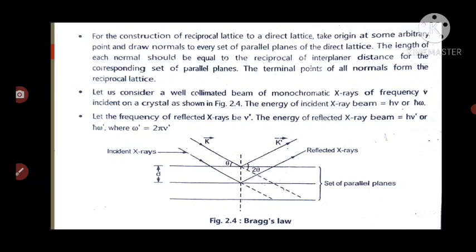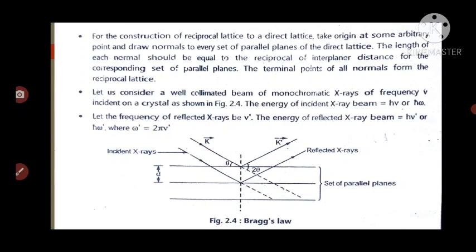In the figure, a well collimated beam of X-ray of frequency nu is incident on the crystal. You have to know that the monochromatic X-ray beam is incident as an electromagnetic wave having energy h nu, or h cross omega, and the reflected X-ray has energy h nu prime, or h cross omega prime, where omega prime is nothing but 2 pi nu prime.